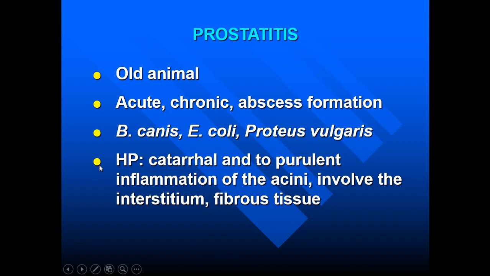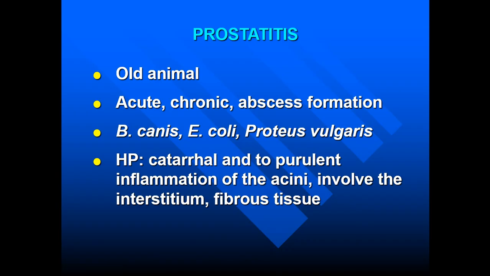So there will be variations in the lesions. We can find, for example, catarrhal to purulent inflammation depending on the cause of infection. In the case of E. coli, Proteus, or Staphylococcus, it's very common to find purulent inflammation.